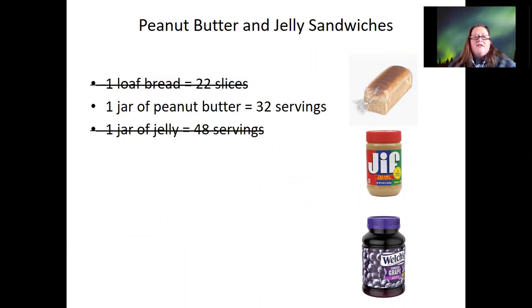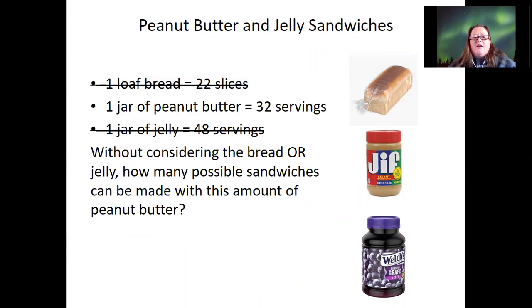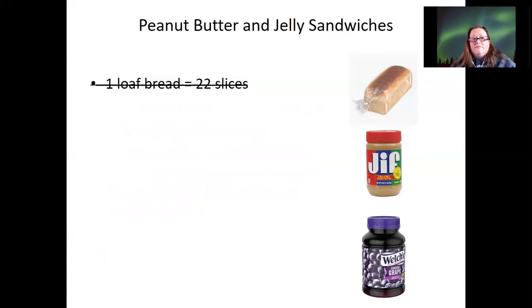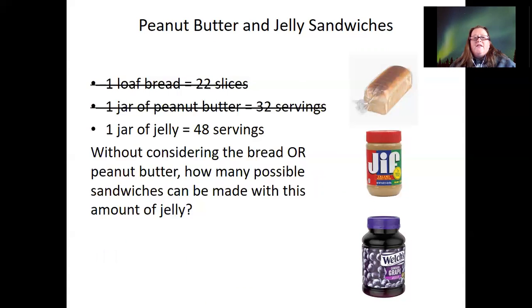If we do not take into consideration the bread or the jelly, the question is how many sandwiches could we make if we have a jar of peanut butter with 32 servings? And the answer is 32 sandwiches. Now, if we do not take into consideration the number of slices of bread or peanut butter, and we have a jar of jelly, how many sandwiches could potentially be made, assuming that 1 serving goes to 1 sandwich?